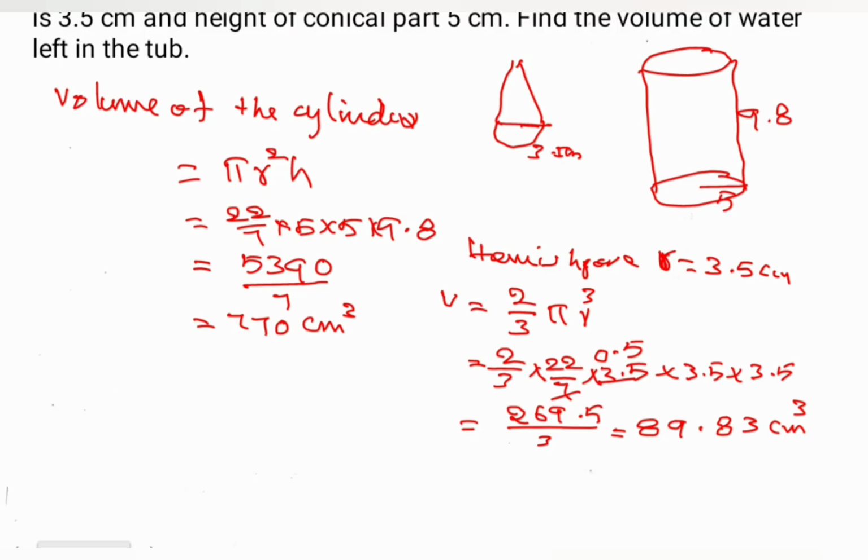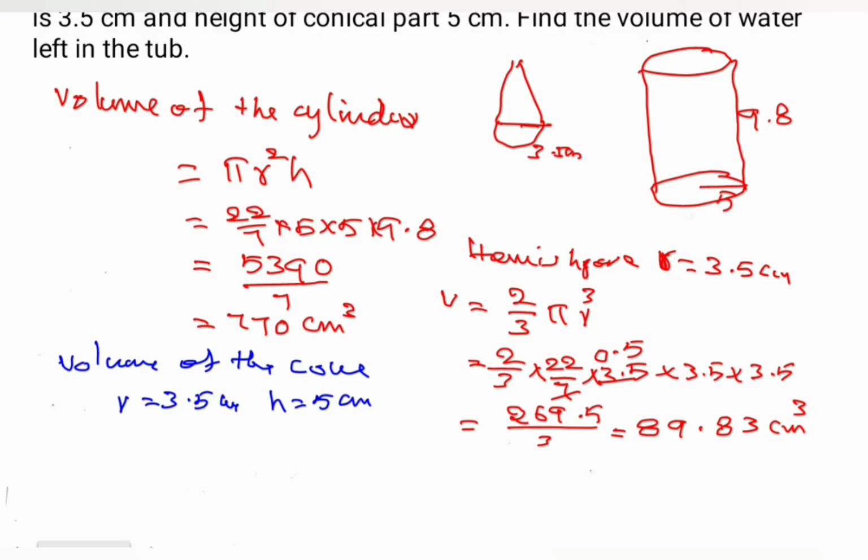Volume of the cone: r is given, that is 3.5 centimeters, and h equals the height of the conical part, 5 centimeters.